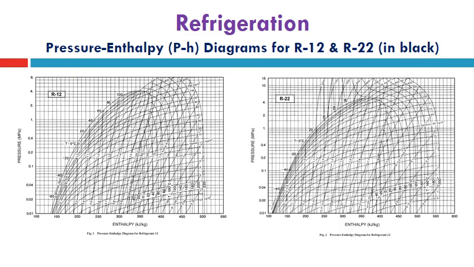This slide presents the pH diagram for both R12 and R22 in black. The saturation lines are shown, and also the isentropic lines with constant S. The density is shown instead of specific volume.